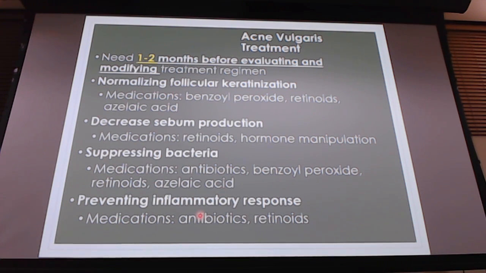And then if it is just caused by the sheer fact that it's an inflammatory response, then we have also some antibiotics and some retinoids that we can potentially use as well. So this is a very important slide for you to make sure that you're knowing, hey, what drugs do I have, and what disease state, well, we know that they're treating acne vulgaris, but what particular target am I trying to hit, and which drugs hit that target? So this is essentially like the mechanisms.